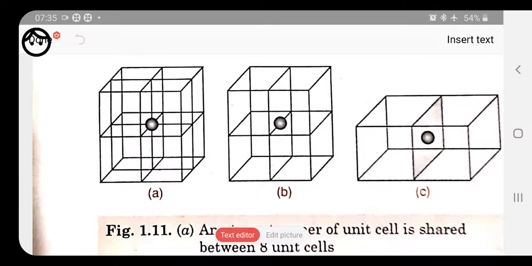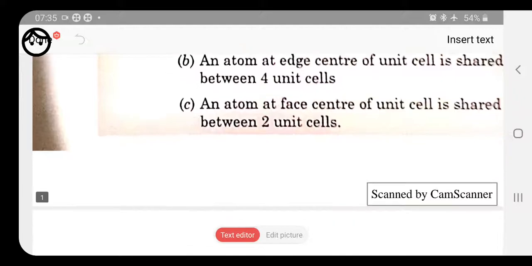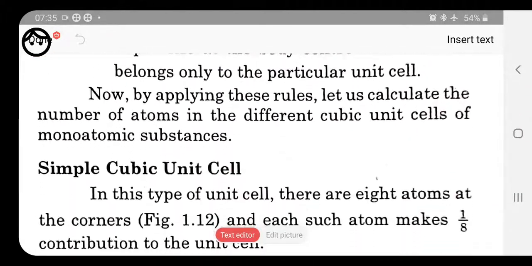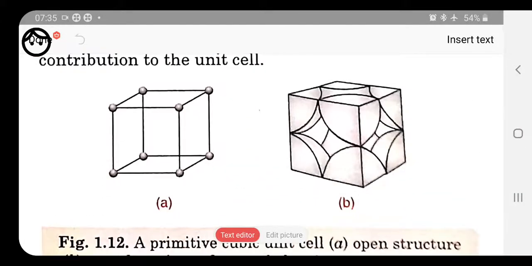Whenever we are talking about the constituent particle, it should be present at the corner. Look at the structure: the constituent particle is present at the corner, in every corner. That's why it is called a primitive unit cell. But whenever we are calculating the number of constituent particles, because these unit cells combine with one another to form a crystal lattice, each unit cell is going to touch more unit cells.